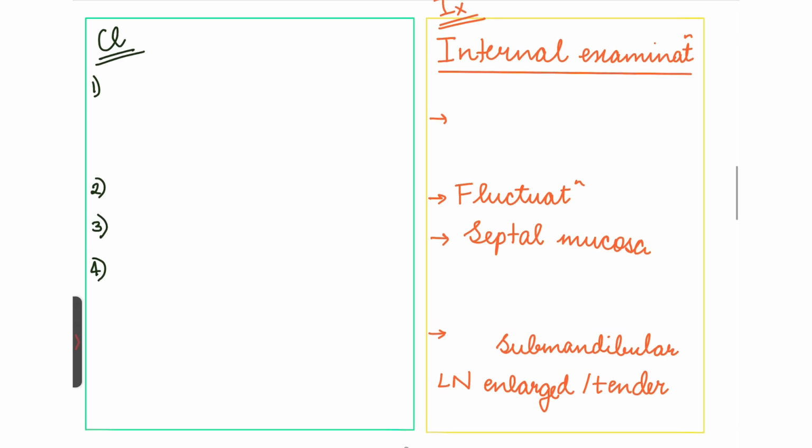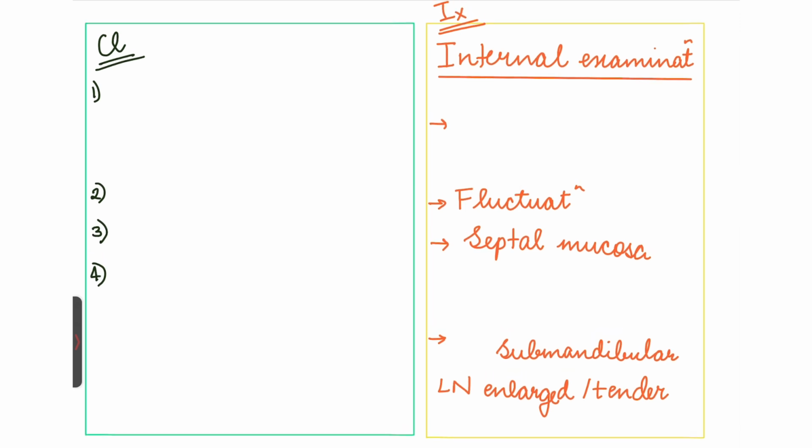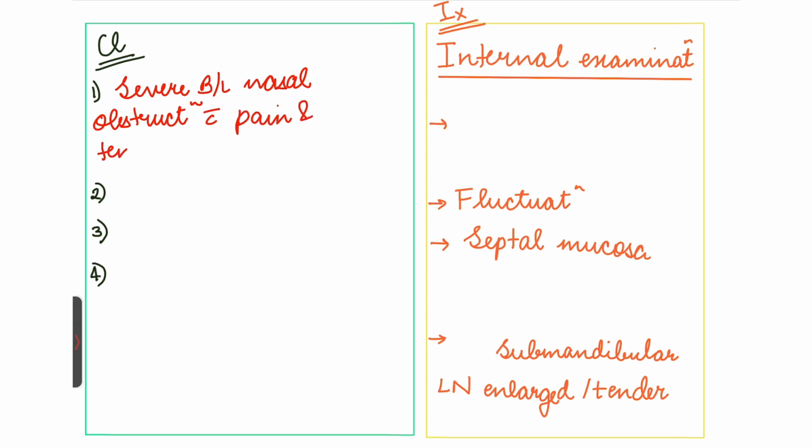Let's look at the clinical features now. Most of you can guess the presenting symptom right, that is severe bilateral nasal obstruction, because the abscess was obstructing the nasal cavity. And there will be associated pain and tenderness over the nasal bridge.